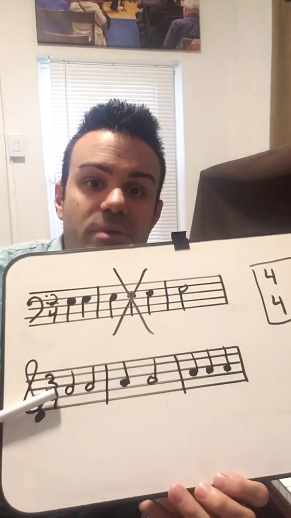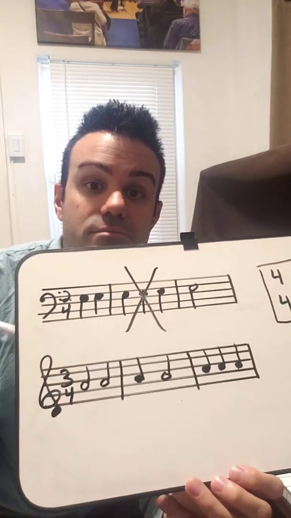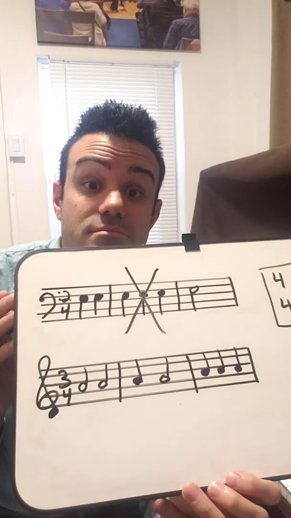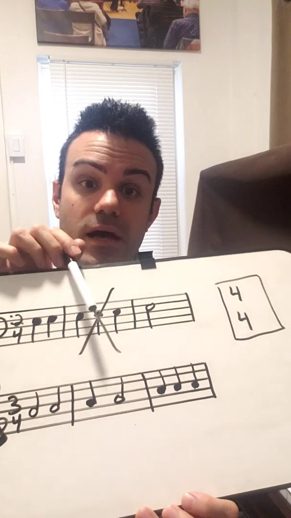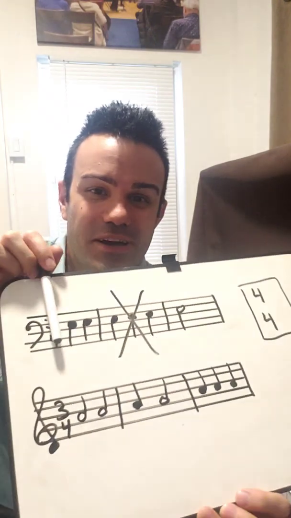So how many beats are here? 4. How many beats are here? 3. How many are here? 3. So the 4 is off, right?